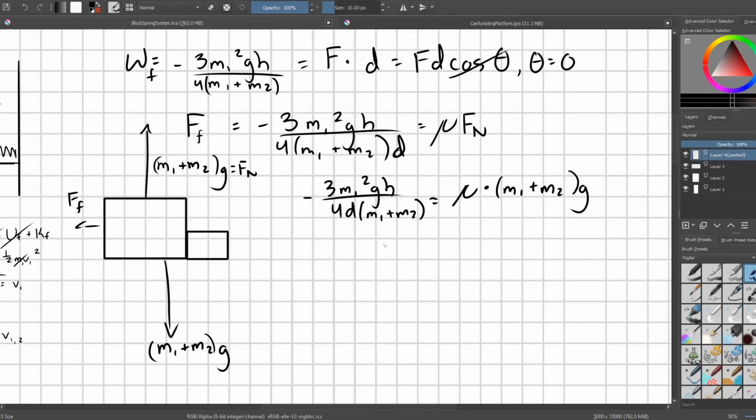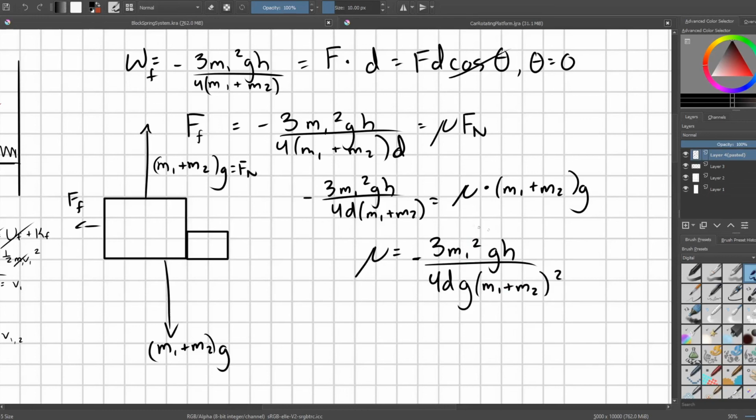So mu then equals negative 3 m1 squared gh over 4 times dg times m1 plus m2 squared, right?